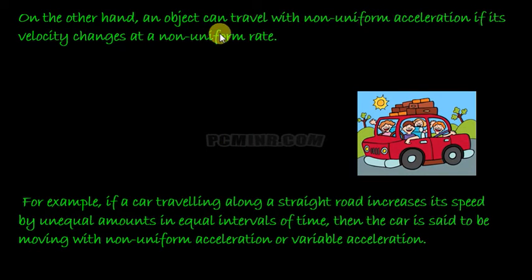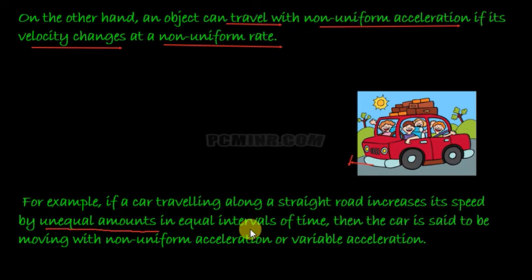And on the other hand, an object can travel with non-uniform acceleration if its velocity changes at a non-uniform rate. So here we see there's a car going along a road. When it is going along a road, it might face a lot of traffic. So sometimes its speed will increase, sometimes it will decrease, and every time the increase or decrease of velocity is going to be by unequal amounts in equal intervals of time.